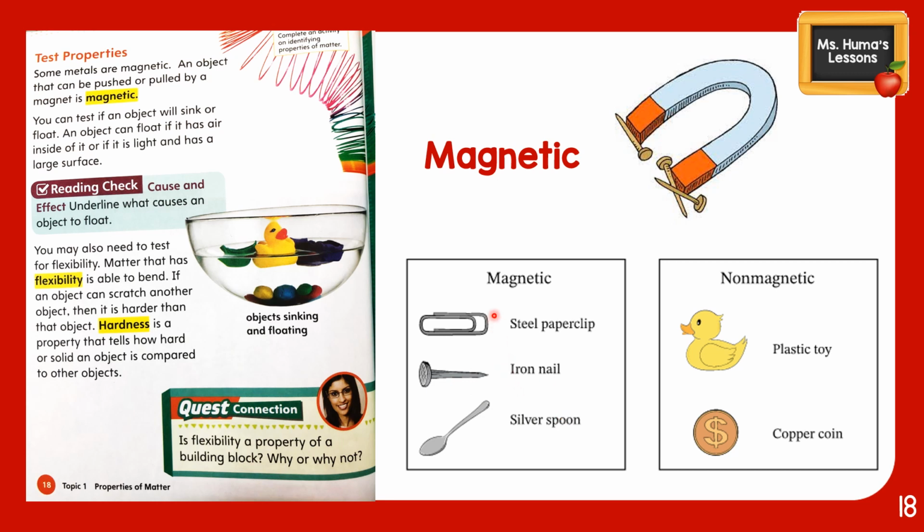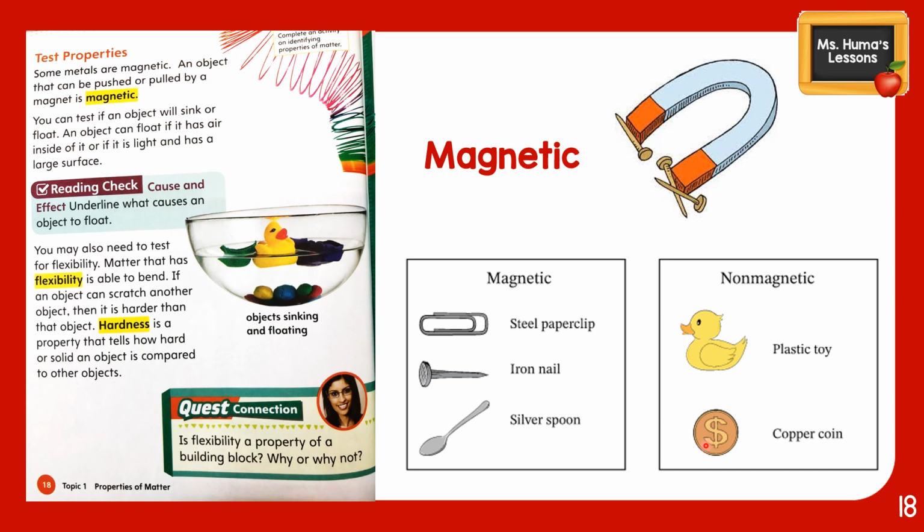Let's see some here. There are a few things given here which are magnetic, like a steel paper clip or iron nail or silver spoon. Not all spoons will be attracted or pulled by a magnet. These things are pulled by a magnet, so these things will be called magnetic. But there are some things which are not pulled by a magnet, like a plastic toy.